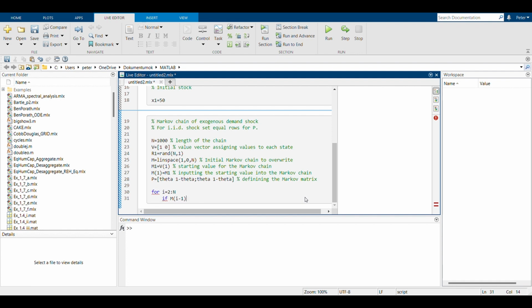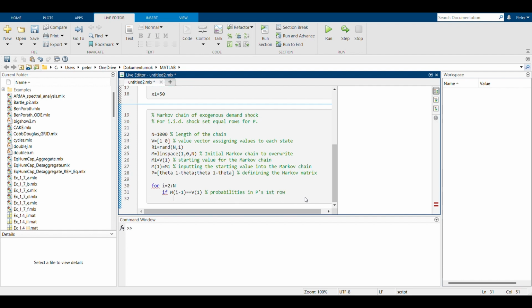So if the value in the previous stage was 1, then we work with the probabilities in the first row of the transition matrix, and here come the probabilities.